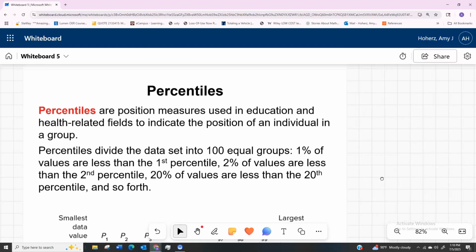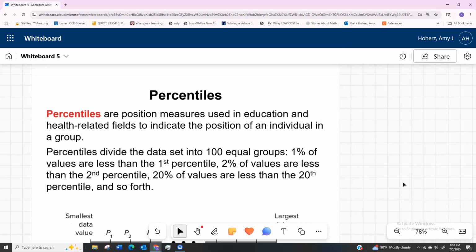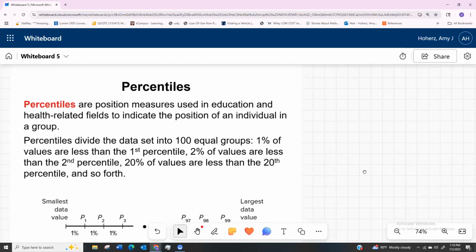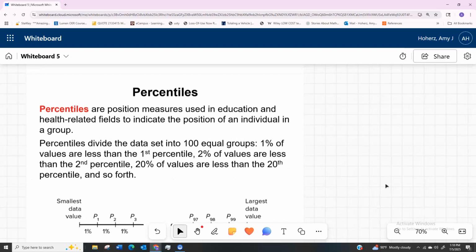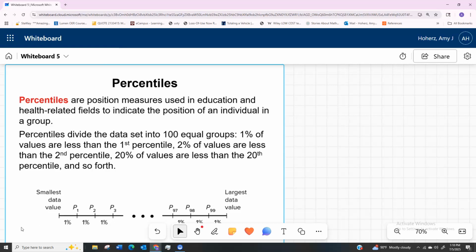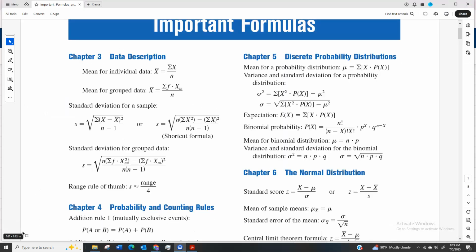Oh, I did want to show you one thing. Let me pause for just a second and show you this one thing that's on your formula sheet that you get to use on the exam. So here's the formula sheet that you're allowed to use on the exam. And I just wanted to point out that even though we're doing this in Chapter 3, it does not show this formula in Chapter 3.